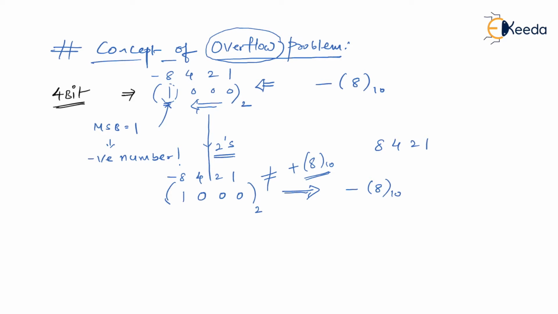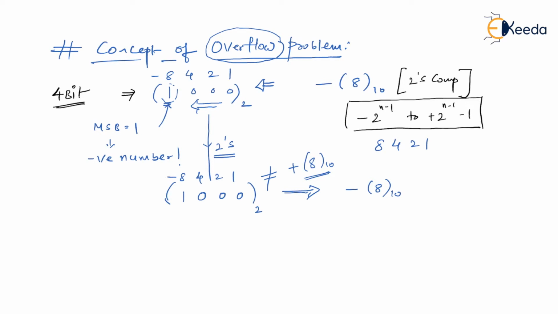If you remember, this is what we have used, a 2's complement representation. Whenever you are using a 2's complement representation, it depends what range of values you can actually show. That is, the range is minus of 2 raised to n minus 1 to positive of 2 raised to n minus 1 minus 1, provided the size of the number is n bit.